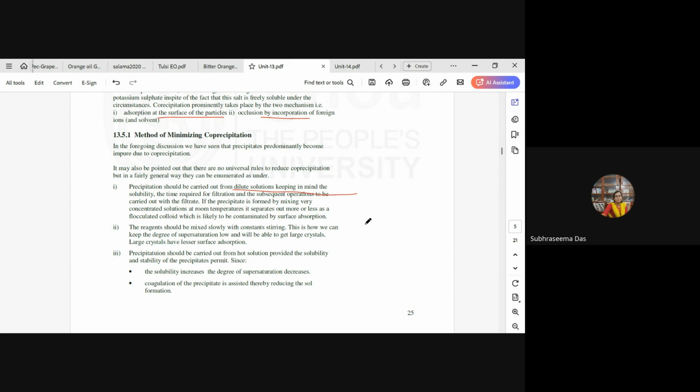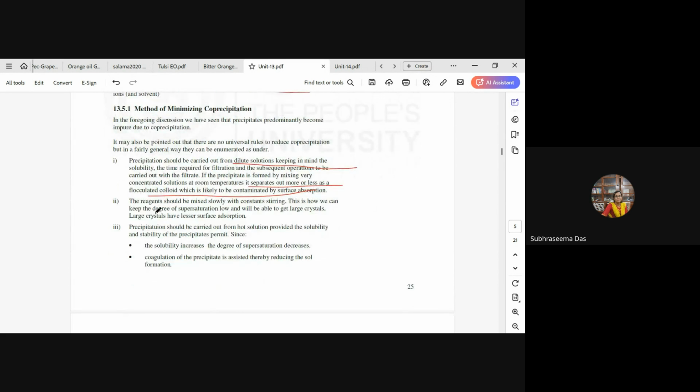If the precipitate is formed by mixing very concentrated solutions at room temperature, then it separates out as a colloidal solution, which is also prone to further contamination. The reagents should be mixed slowly with constant stirring. This is how we can keep the degree of supersaturation low and get more precipitate.